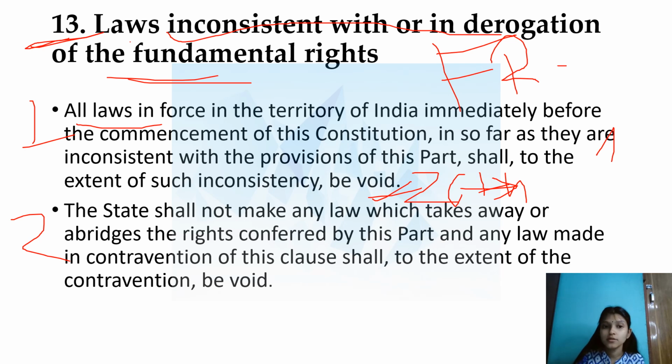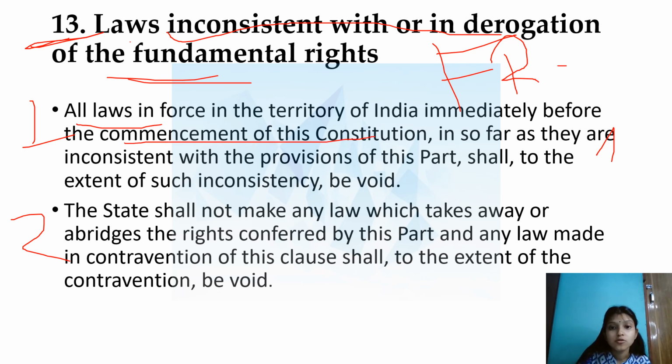So what it says is: any laws in force immediately before the commencement of the Constitution. We got our Constitution in 1950. So what about the earlier laws that we got from the Britishers?